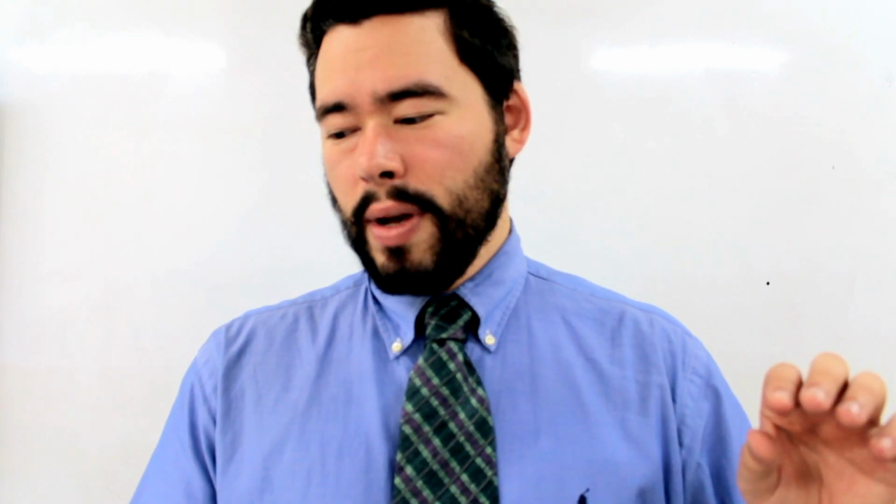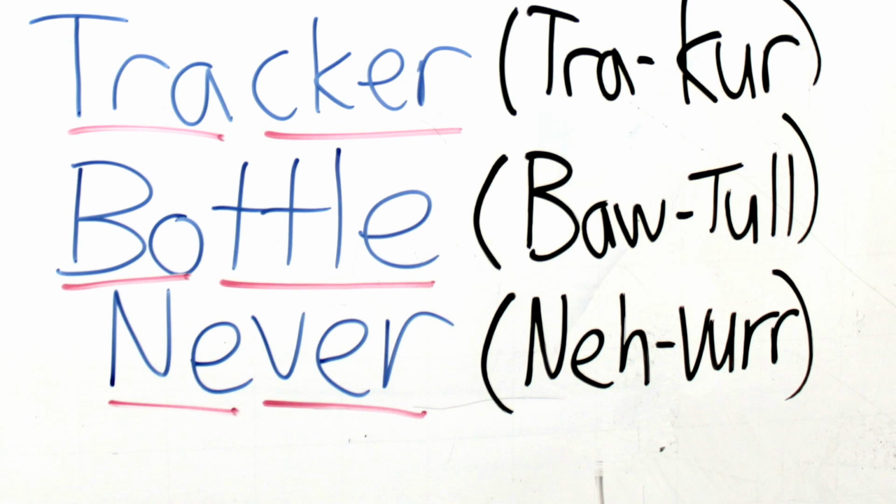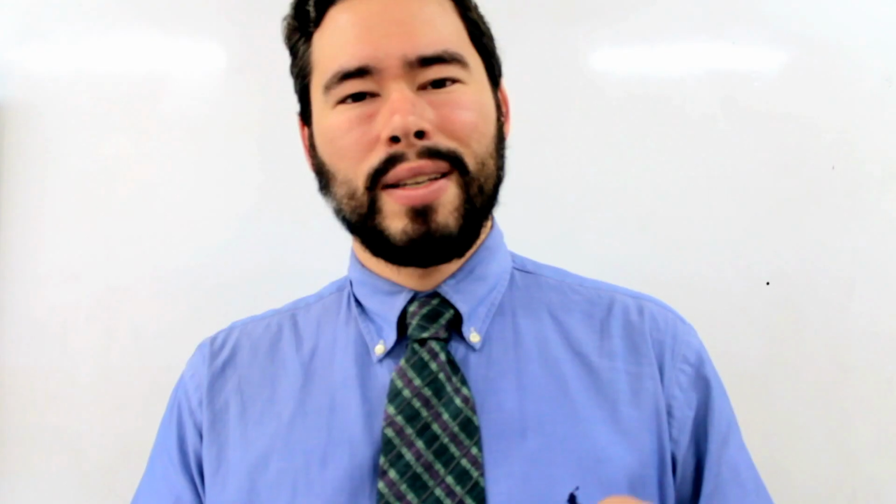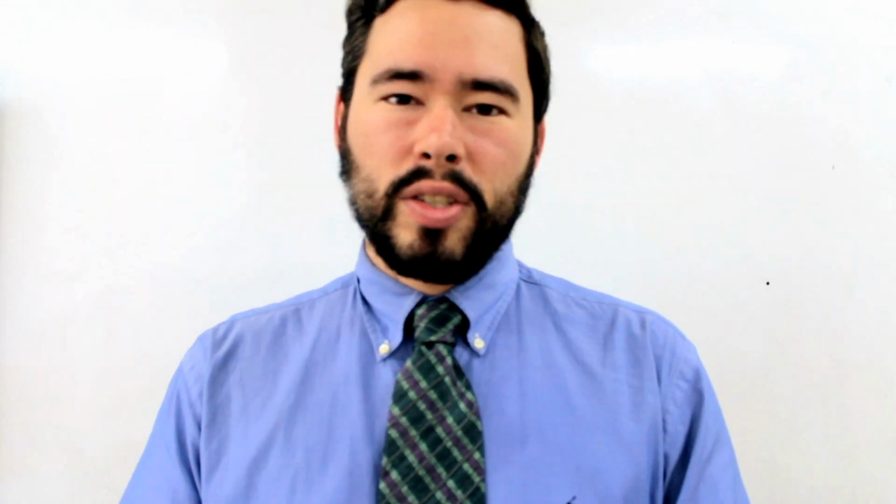You'll notice with tracker, the first syllable ends with a vowel, A, tra, and then the next syllable starts with a consonant, C, cur. And then bottle, the first syllable ends with a vowel, A, ba, and then the next syllable is started with a consonant, toll. You see?